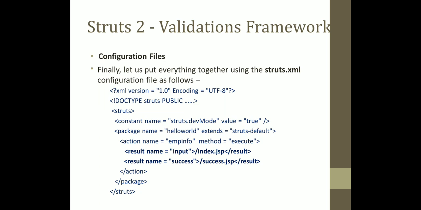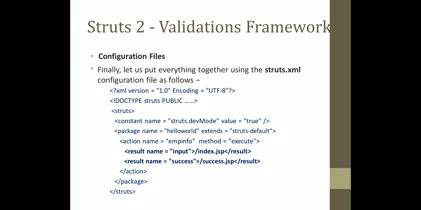That is shown. We have used the XML version plus encoding. We have shown the doctype, and we have used struts public. Okay, it is not like our everyday HTML code like doctype html. So what we have done is we have used the configuration files, and this file should be used in your code so that it will give you the validation framework in the correct way.